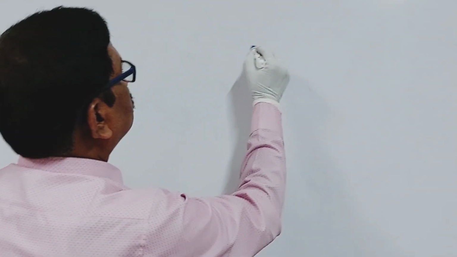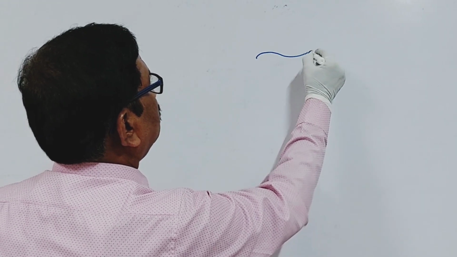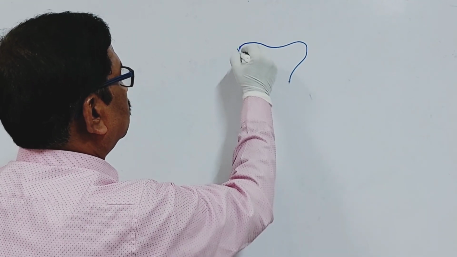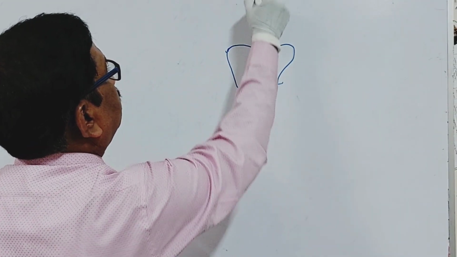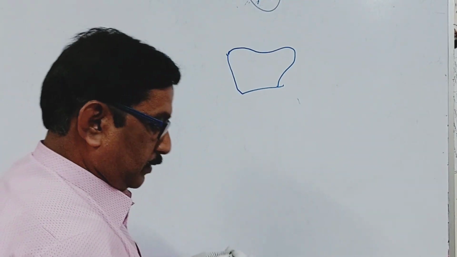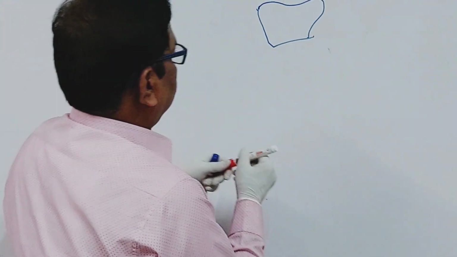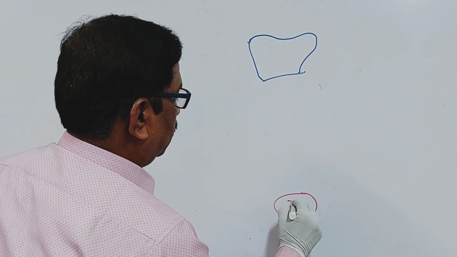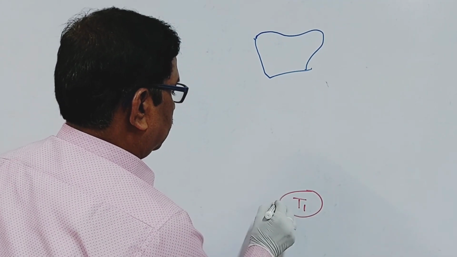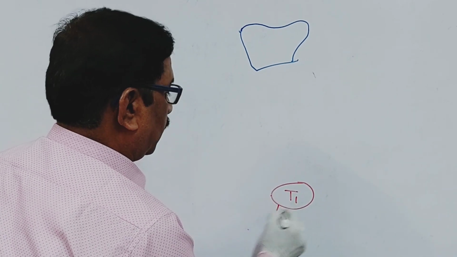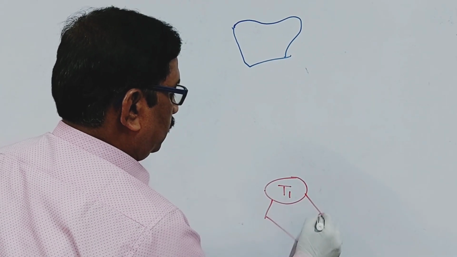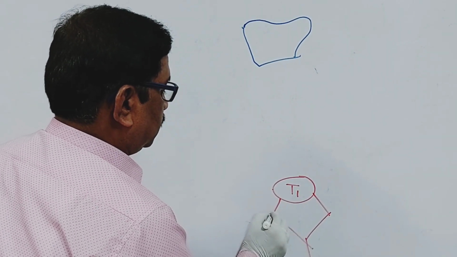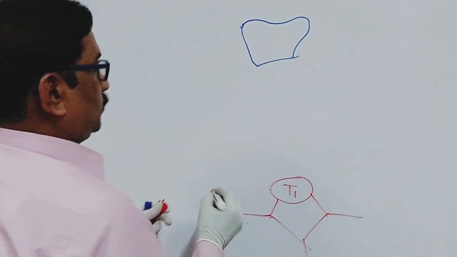Suppose this is the sternum, this is the manubrium end of the sternum, this is the anterior side, and posteriorly is the vertebral body. This is the T1 vertebra, this is the transverse, this is the pedicle, this is the lamina, this is the spine, and this is the transverse process of the first thoracic vertebra.